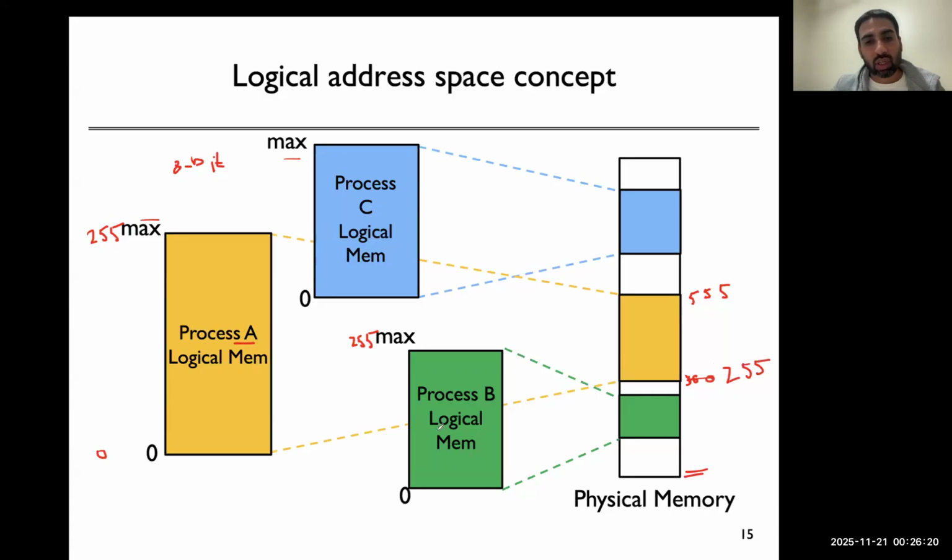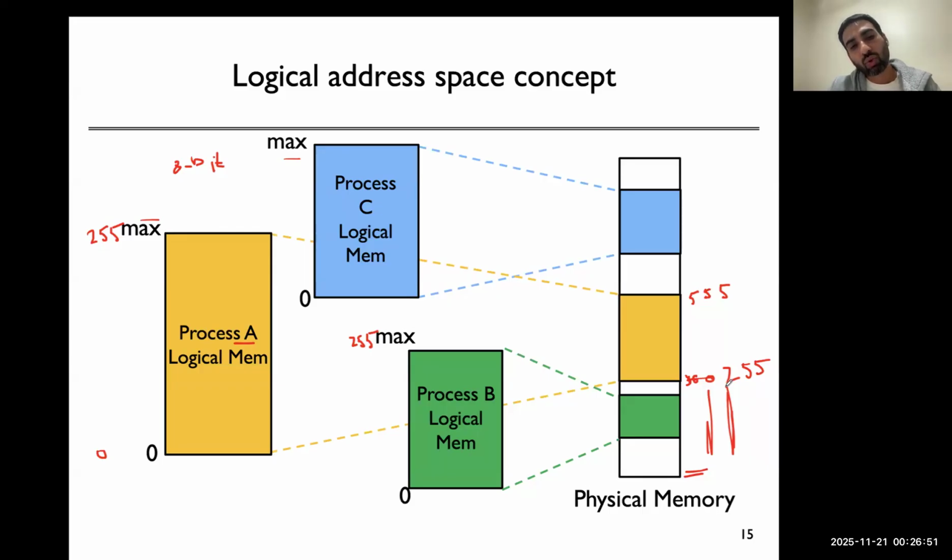Process B also has the same address range, so all the addresses it generates will fall in the same range. All the addresses for process C will also fall in the same range, which means that at the same time you cannot run more than one process. Even if you have four cores, you will not be able to run four processes on four cores at the same time.